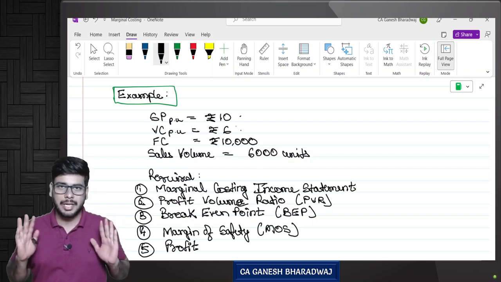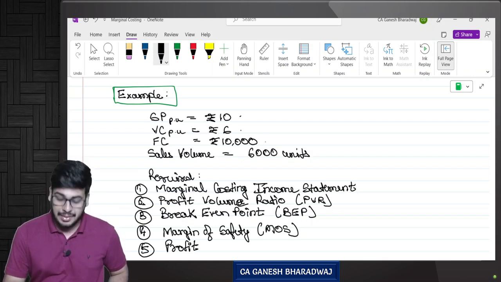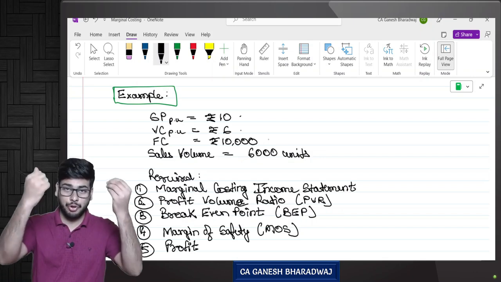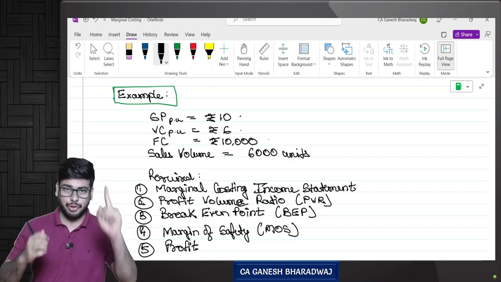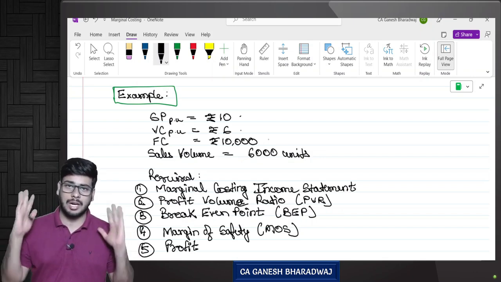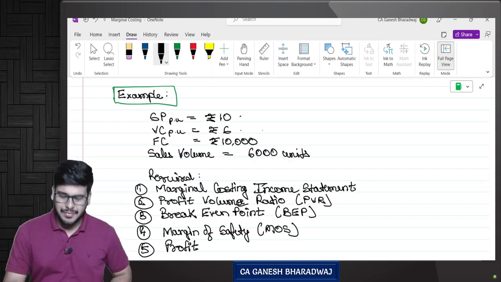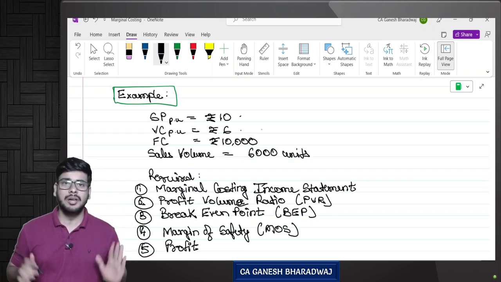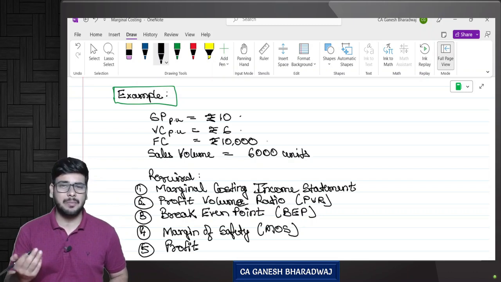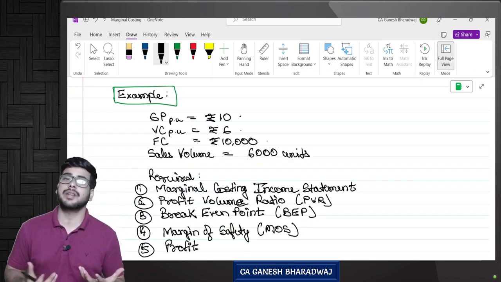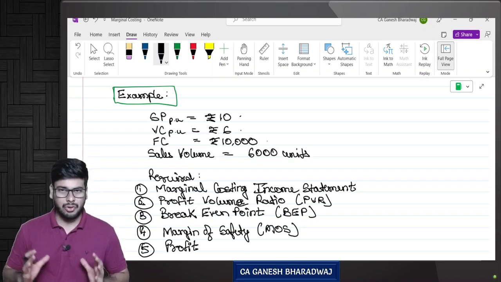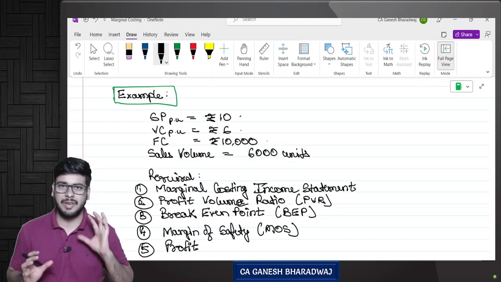Else you will not be incurring this cost, correct? Whereas fixed cost 10,000, whether you produce 1 unit or 10,000 units or 1 lakh units, whatever it is, fixed cost remains constant on a total level. Yes, an example for fixed cost may be factory rent, correct? Yes. So you know this particular fixed cost, variable cost and all.